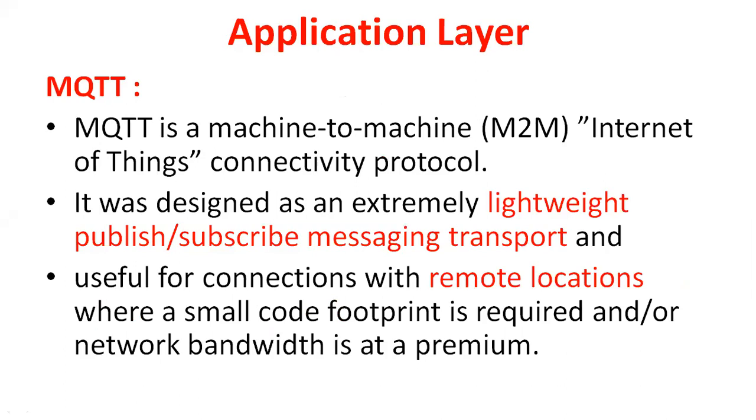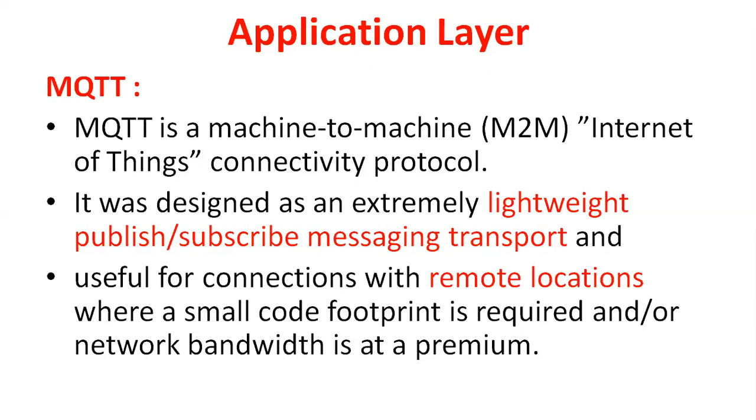MQTT is a machine to machine Internet of Things connectivity protocol. It is designed as a lightweight publish-subscribe messaging transport. You have different models, the request-response model or the publish-subscribe model.